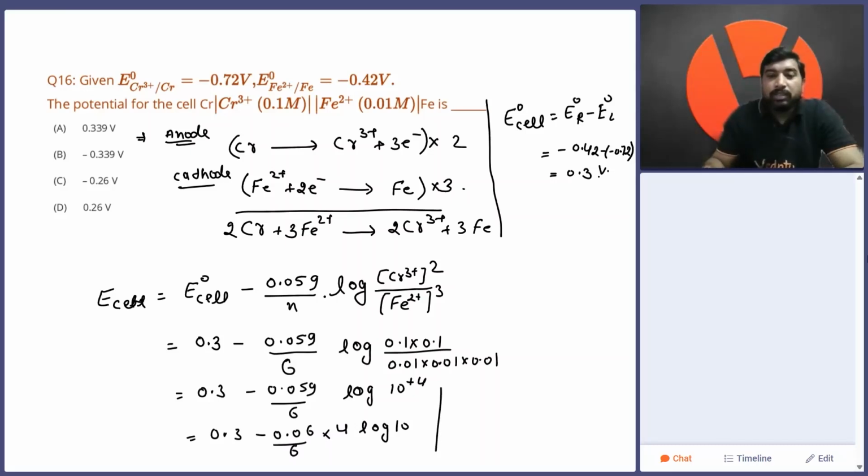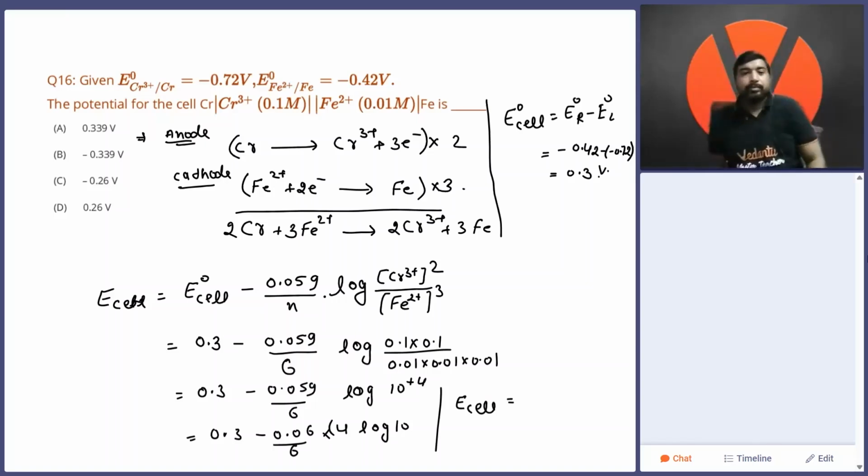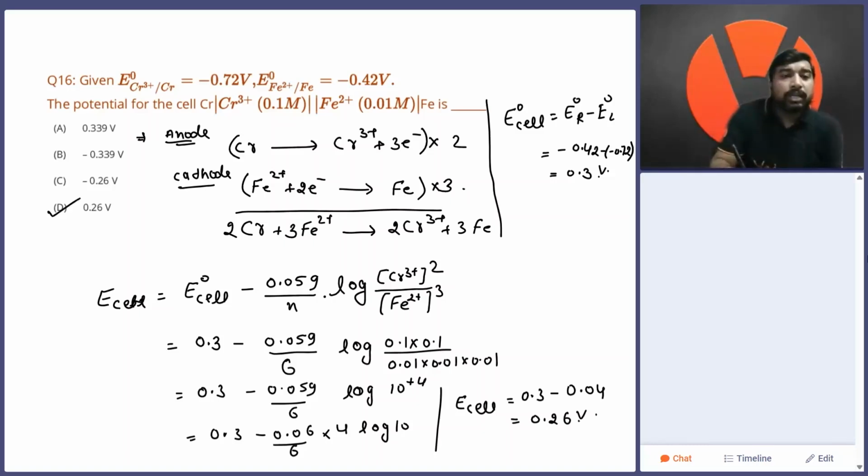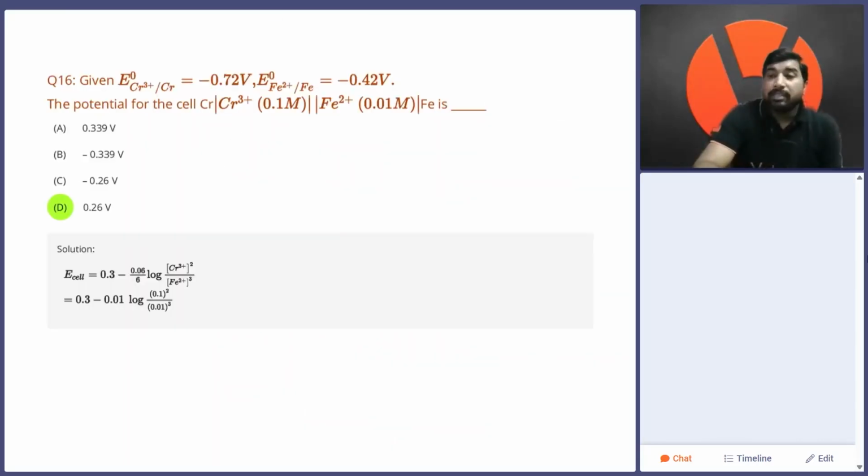So it is definitely minus, and we get 0.3 minus 0.04. The answer should be 0.26. So from here we can say the answer is D. We just need to cross check. Yes, definitely D is the right answer.